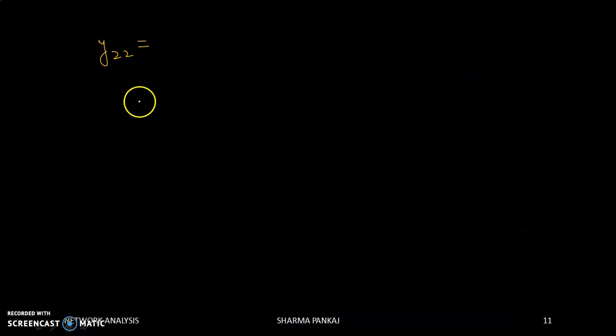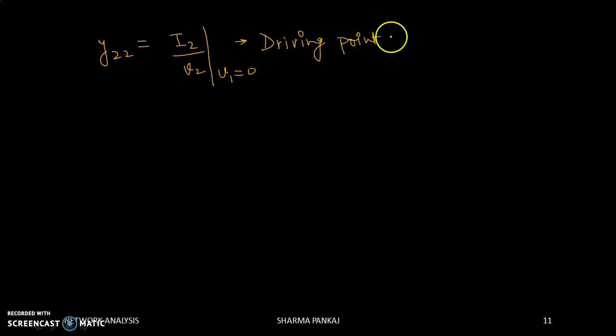So Y22 equal to I2 upon V2 when V1 is equal to 0. This is called driving point admittance at port number 2.